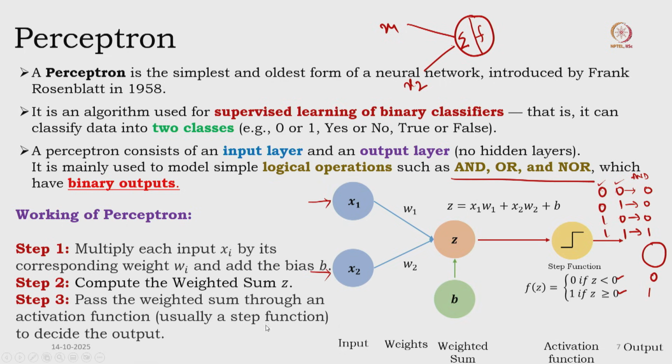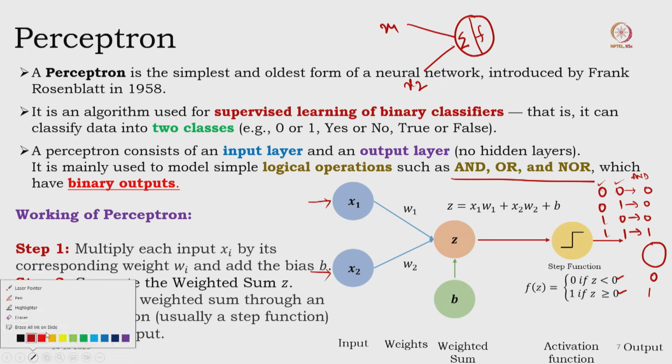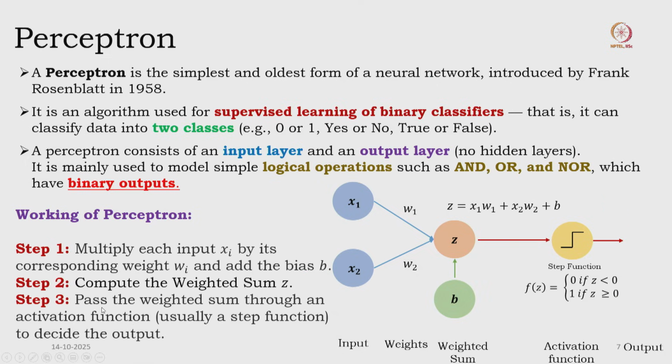So from this, what are we understanding? The perceptron is the first and oldest neural network model, mainly designed for supervised learning. It is used to solve binary classification problems only. So what are the different components of a perceptron?